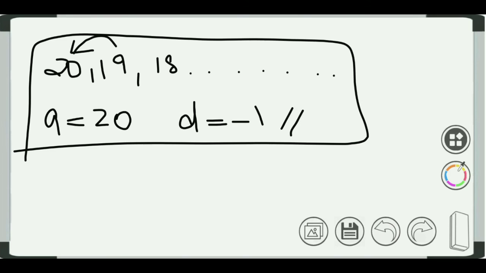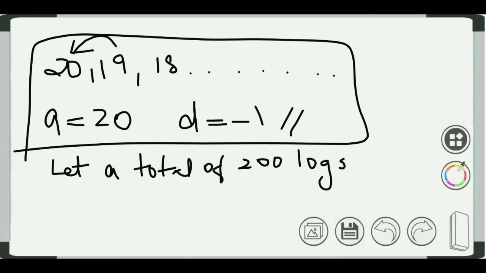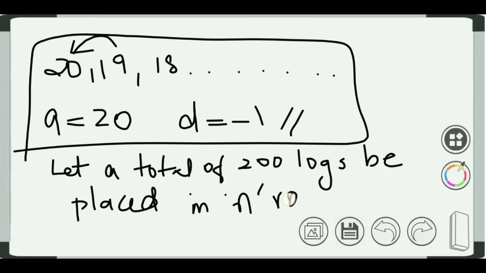You can write, let a total of 200 logs be placed in n number of rows, that is n rows. Therefore, what is Sn? Sum of n rows is given 200, because there are 200 logs. So you can write, therefore Sn is equal to 200.